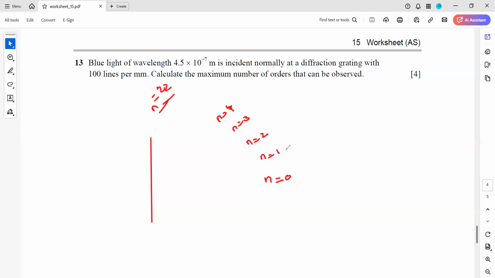So how many maxima will we observe from the center? We'll observe 22 maxima. That is what we have to determine.